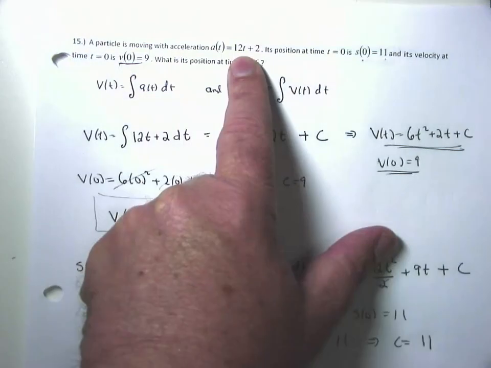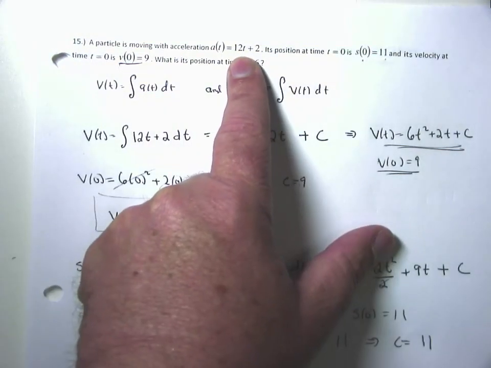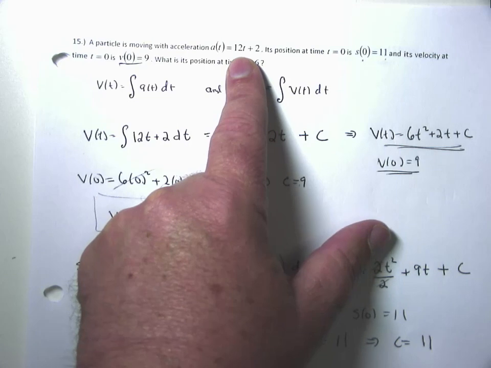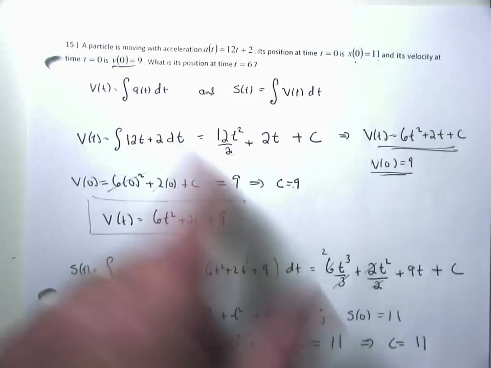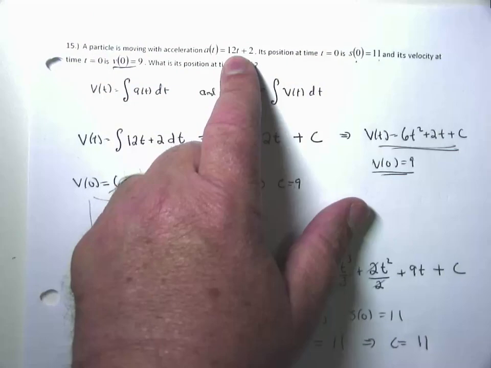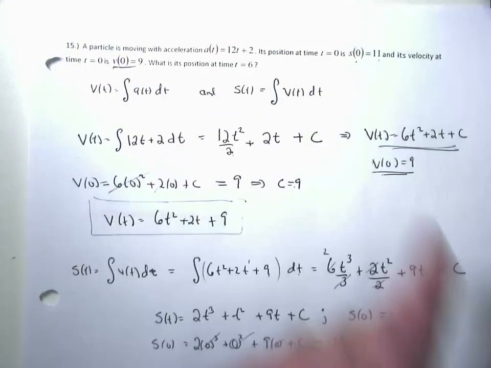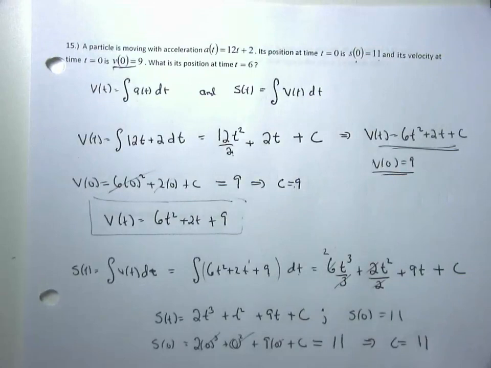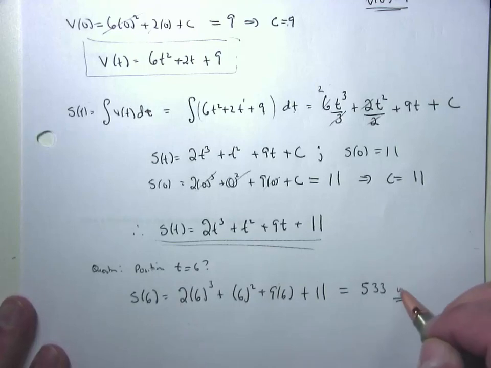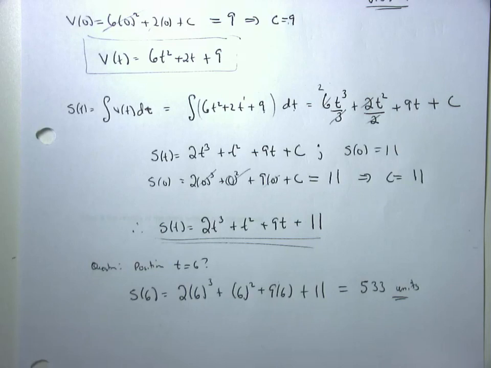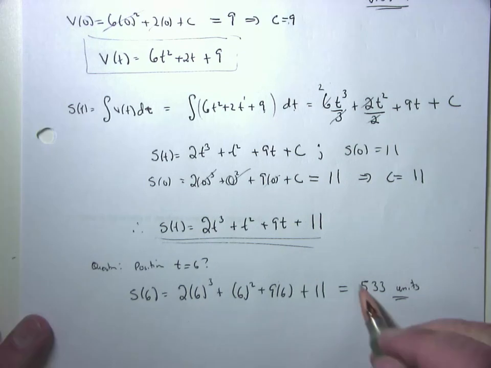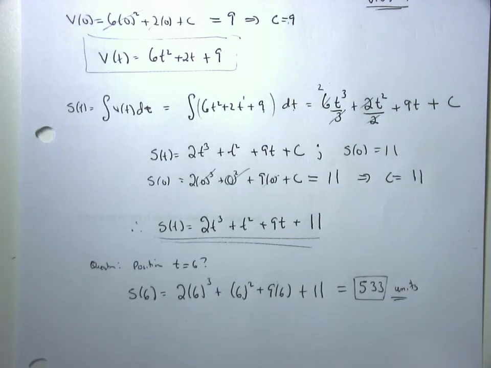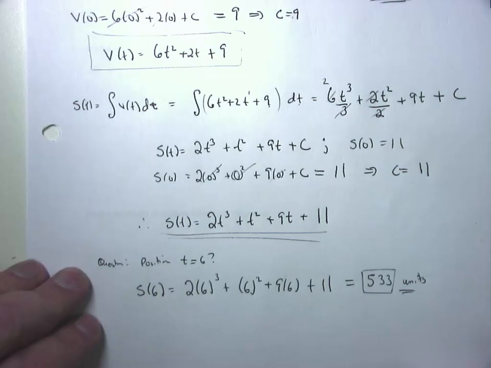Acceleration would have been something like feet per second squared, velocity would have been feet per second, and position would be in feet. Or maybe acceleration would be centimeters per second squared, and velocity would be centimeters per second, and distance would be in centimeters. So all I know is this would be some kind of a distance, and I could use the famous arbitrary units, whether it be centimeters, meters, feet, inches, whatever. I don't know what they are. They didn't tell me that. But the answer for web work is 533. Does that make sense? All right.